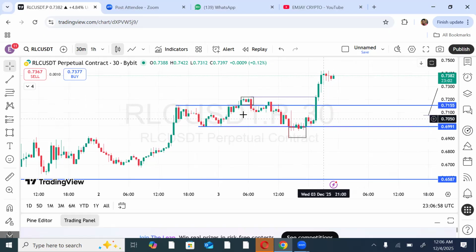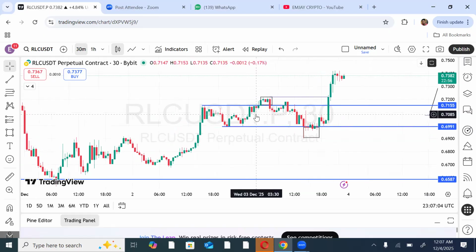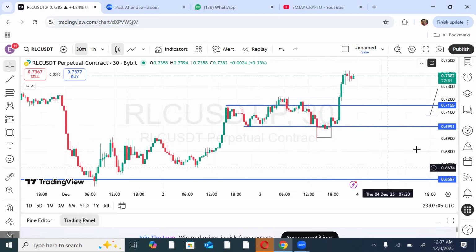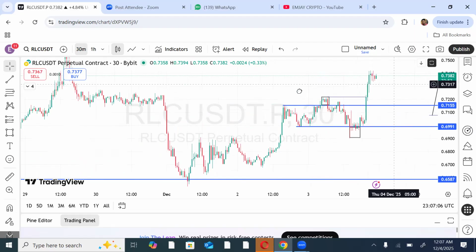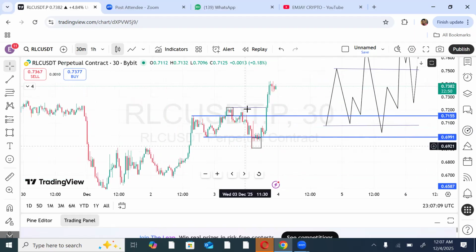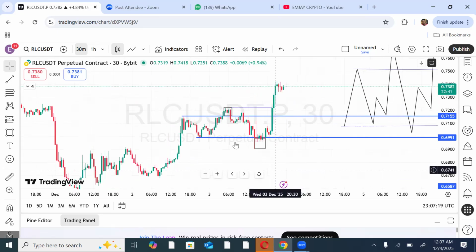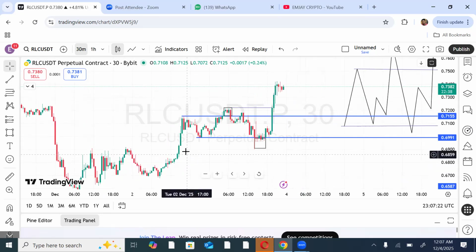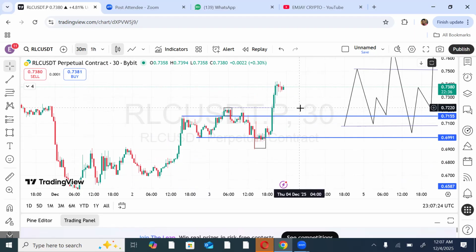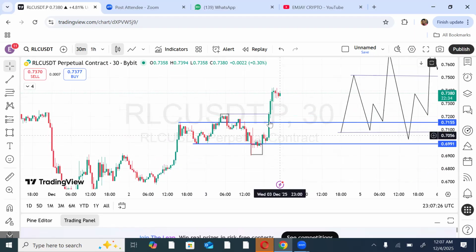You see it aggressively. And now price is willing to do the needful, right? Which is to come back and start buying from here.